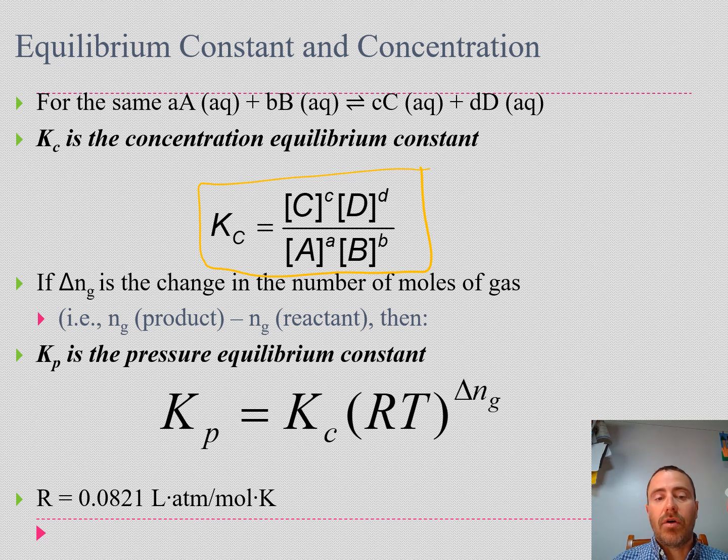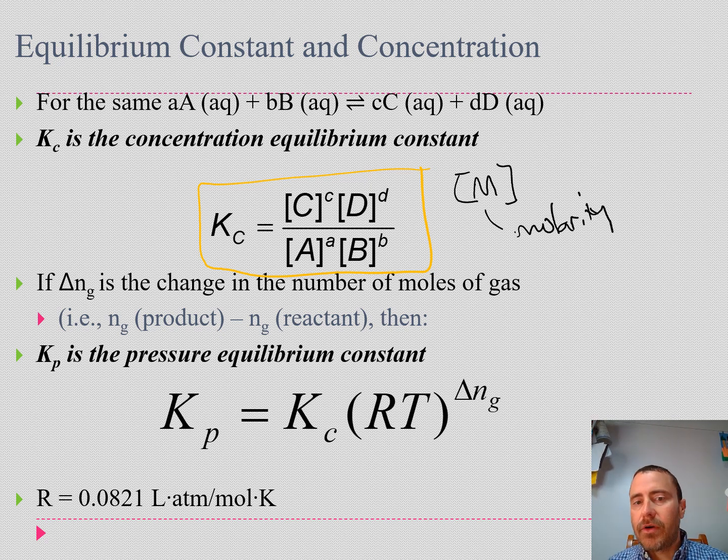In this case, all of our concentrations are molarities. So make sure that all your concentrations are molarities, but it's still the same thing: products divided by reactants, raised to the power of each one of their coefficients.